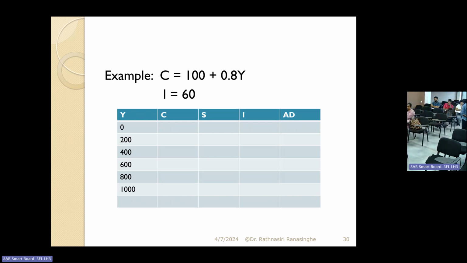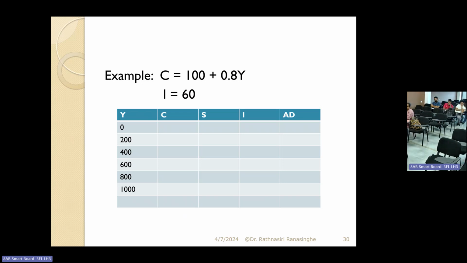Now you have the consumption function, so what is the saving function? It is minus 100 plus 0.2Y.